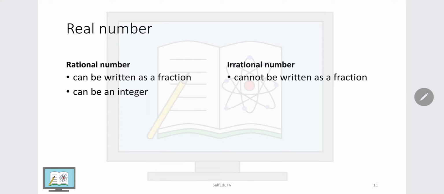Real numbers can be divided into two: rational numbers and irrational numbers. A rational number can be written as a fraction. It can be an integer. So examples: negative number, positive integer, mixed number.